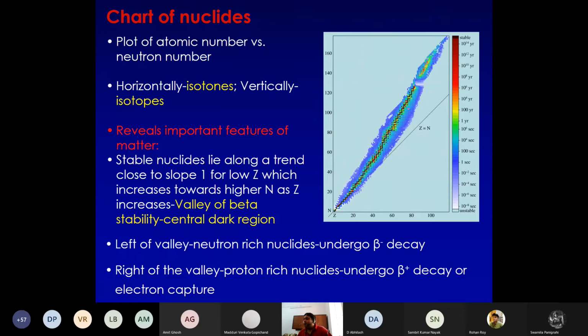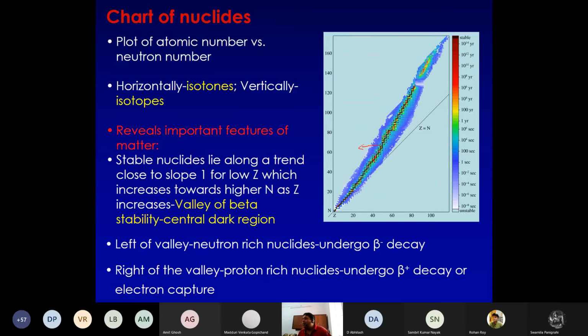As I said, towards the central region of the distribution of nuclides, you have the region called the valley of beta stability. These are the stable nuclides, which do not undergo any form of radioactive decay. To the left of this central dark region, you have nuclides which are rich in neutrons compared to the number of protons, that is, deficient in protons.